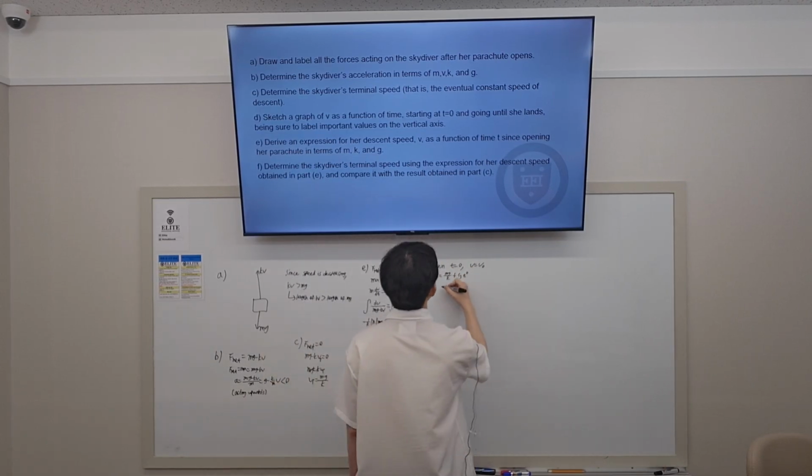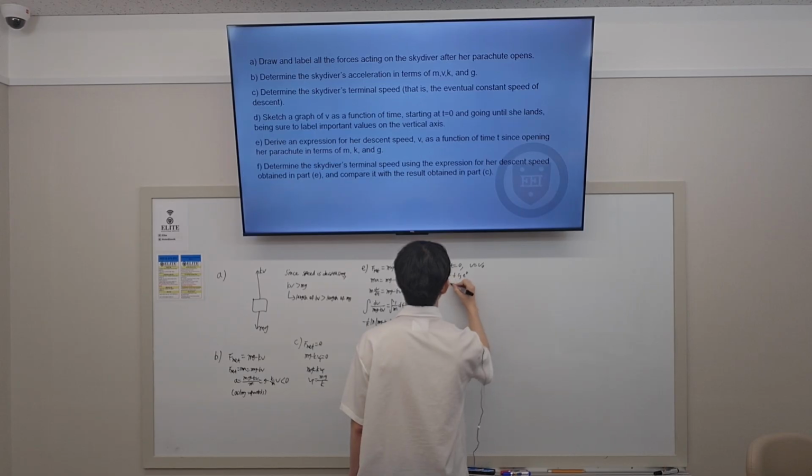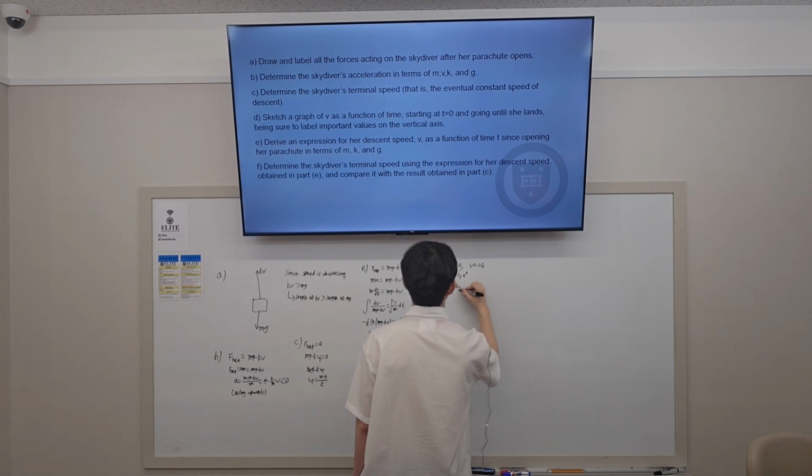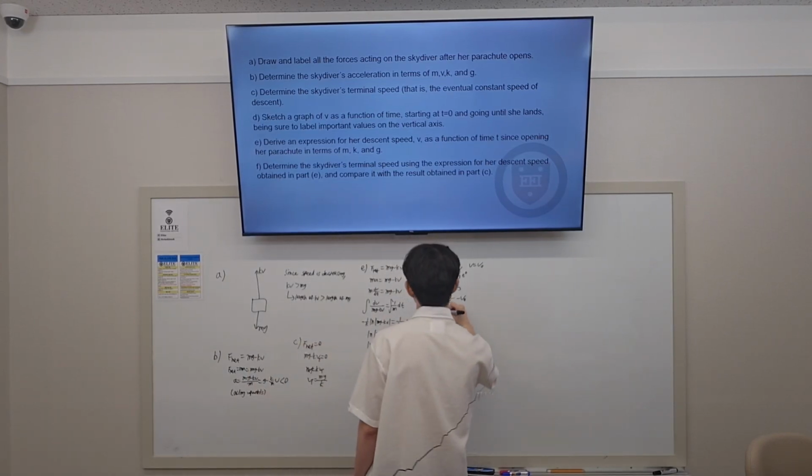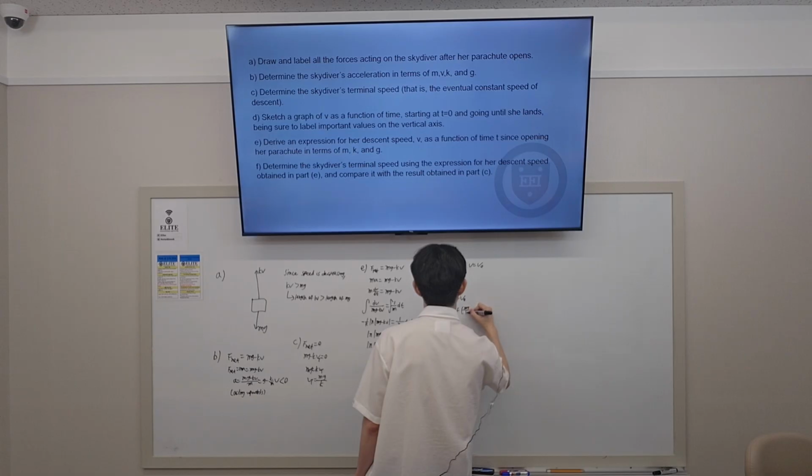And e to the power of 0 is 1, so v naught is equal to mg over k plus c3. So c3 is just mg over k minus v naught. Therefore, the final answer for this question is v equals mg over k plus (mg over k minus v naught) e to the power of minus k over m t. This is the final answer.